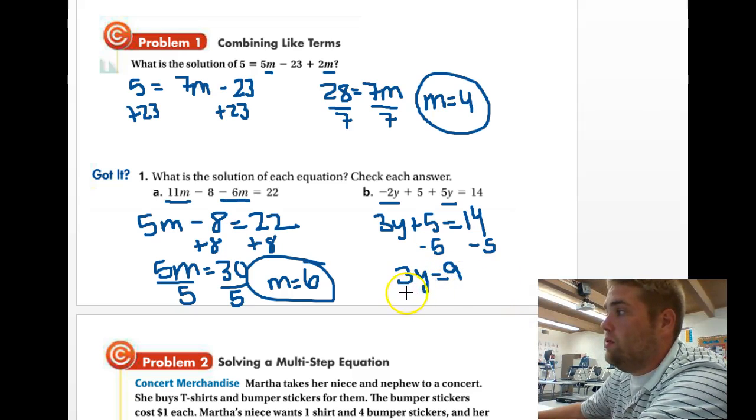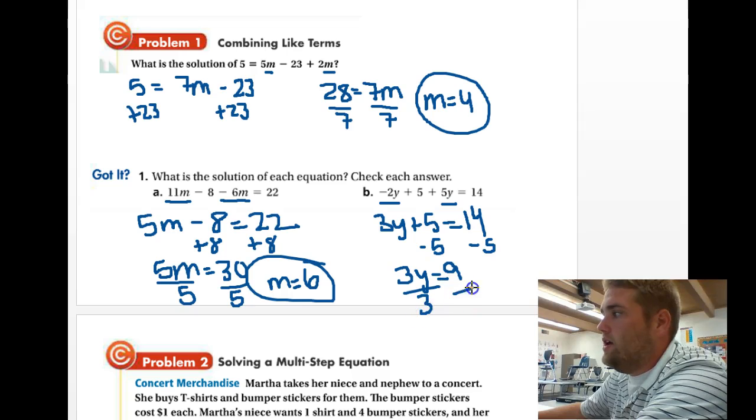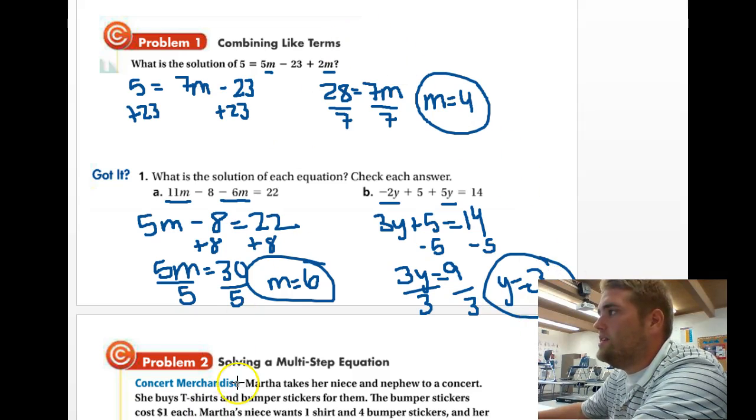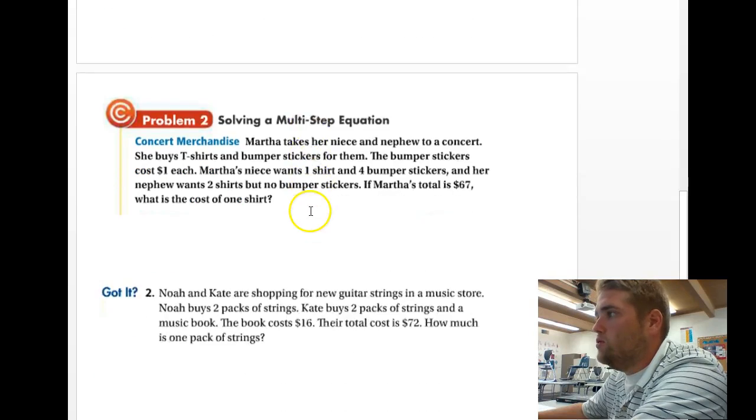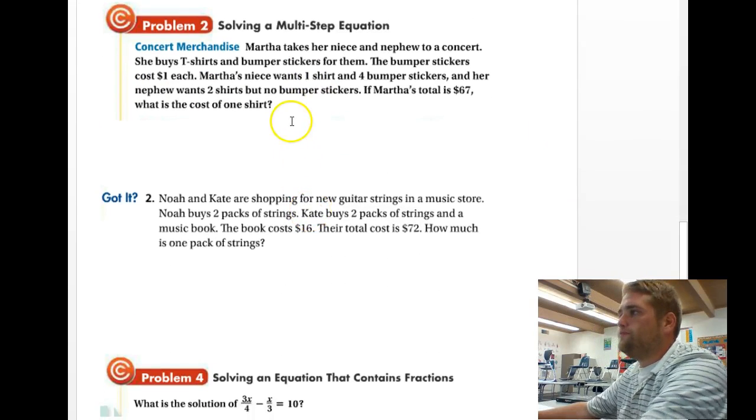What's the opposite of multiplying by 3? Dividing by 3. So y equals 3. Guys, that's basically all we have to do. It's just taking what we've been doing and adding one more step to it. So turn your page over, and now the fun stuff.